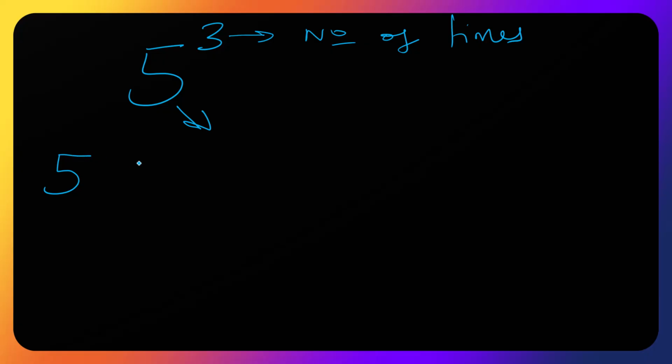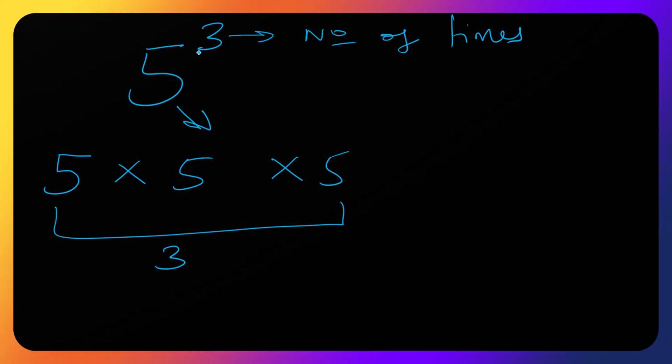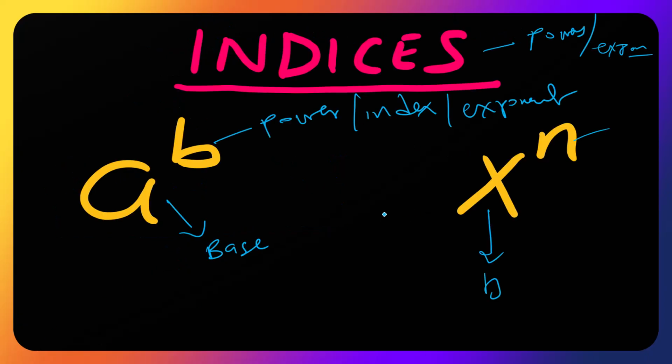So we have 5 times 5 times 5. How many are they? They are 3. So that's a 3 here. So when we go back, A exponent B here, the B is the number of times the base is multiplying itself. That's the meaning.